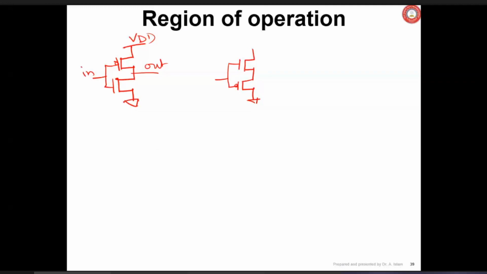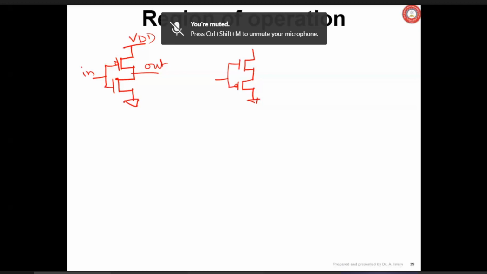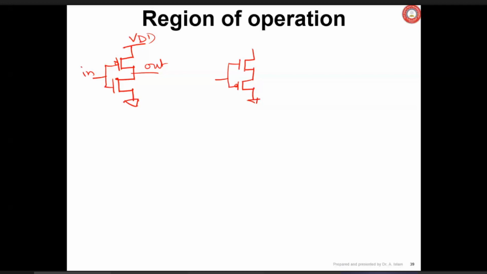Buffer. What do you mean by buffer? What help does it do? Because it's not actually any function. What value are you giving? Same, right? Same thing. So what advantage do you get in this?